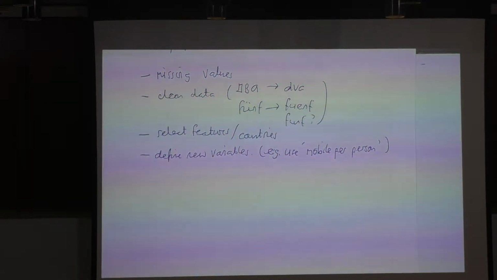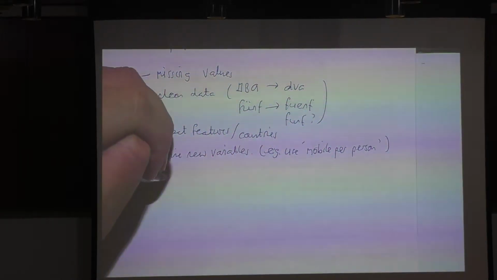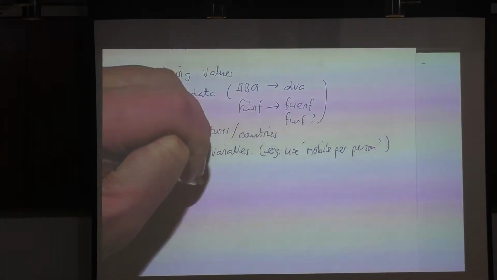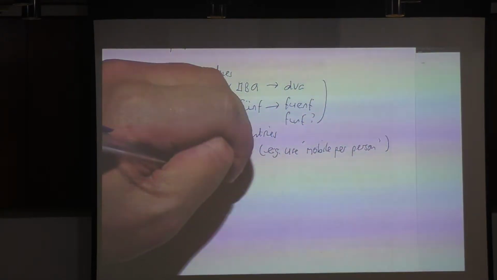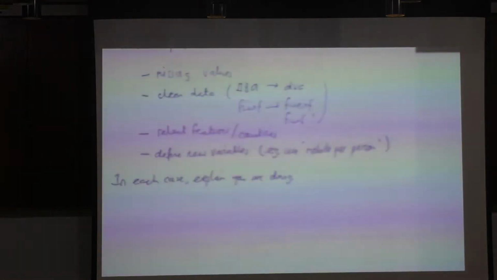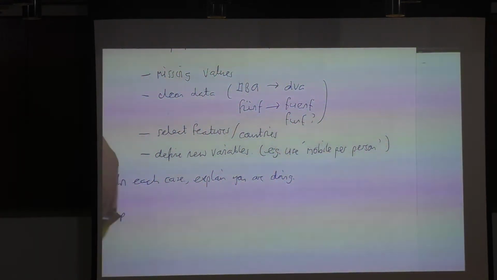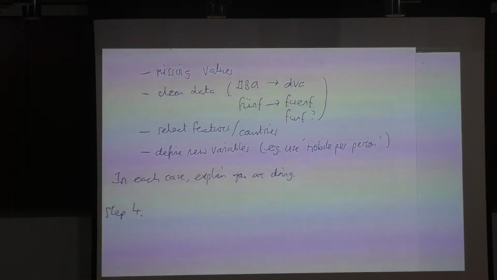So with all of these, in each case, explain what you're doing. And again, we're thinking of this being a bit like a cookbook. We're trying to tell the reader what they should do to do the same analysis. And I guess there's an optional step 4 here, which is to briefly mention the ideas that you'll use.